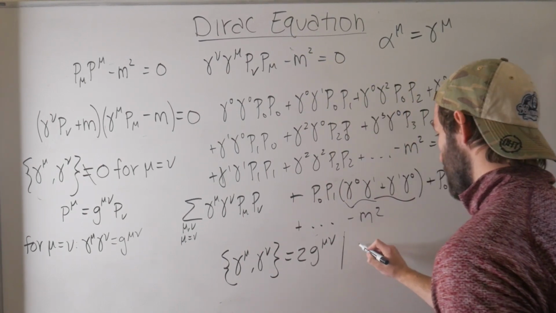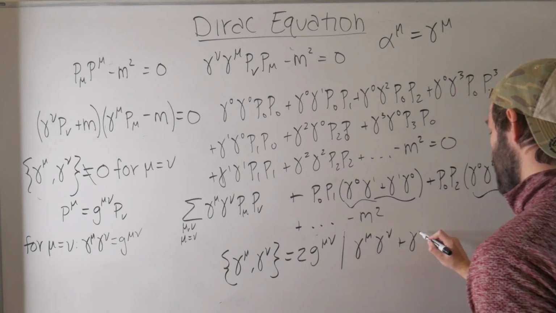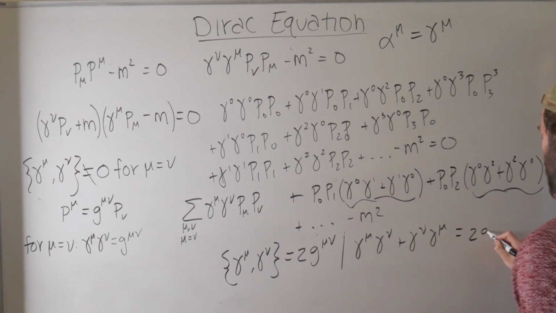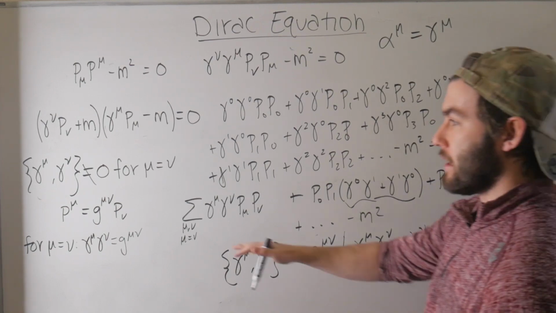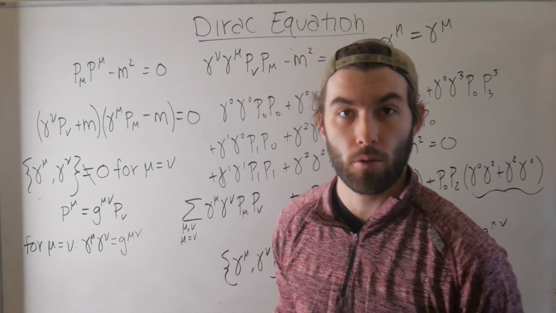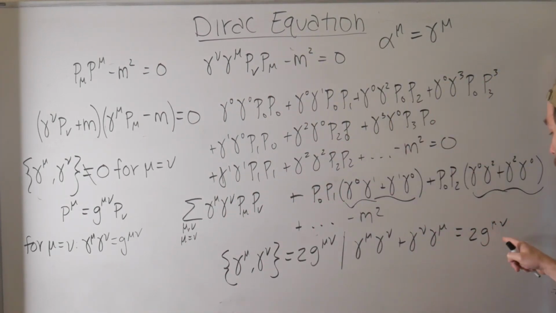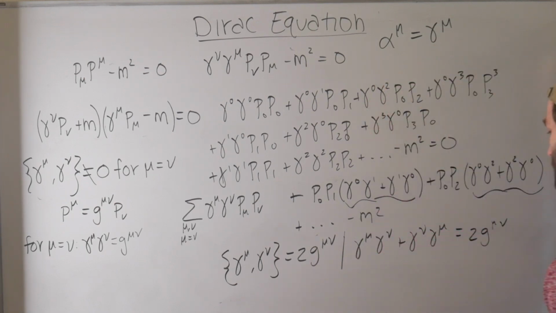So this is saying gamma mu gamma nu plus gamma nu gamma mu equals 2 g mu nu. Does that make sense? Well, we already know that the anticommutator for mu not equal to nu is 0. So that's already satisfied because for mu not equal to nu the metric tensor components are 0, at least in Minkowski space. So that works.